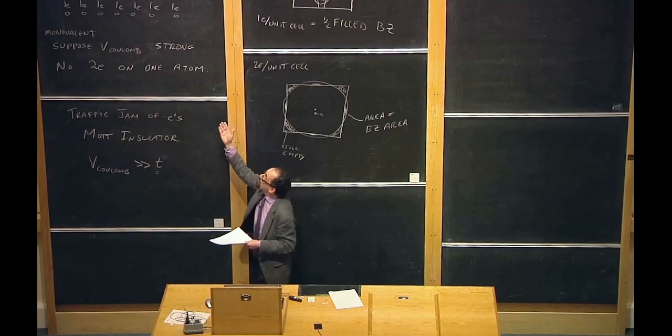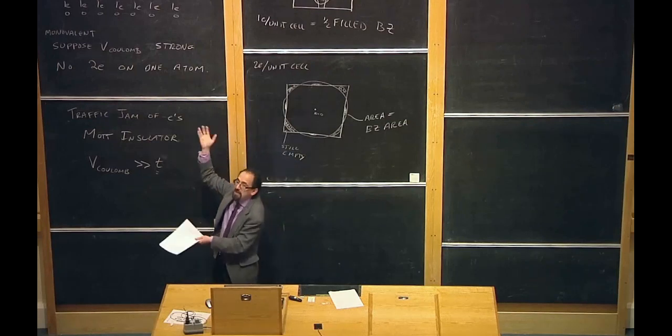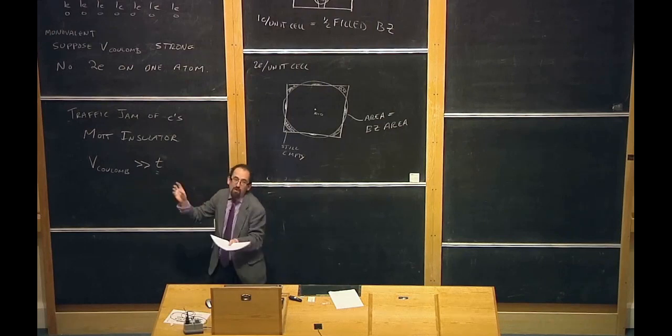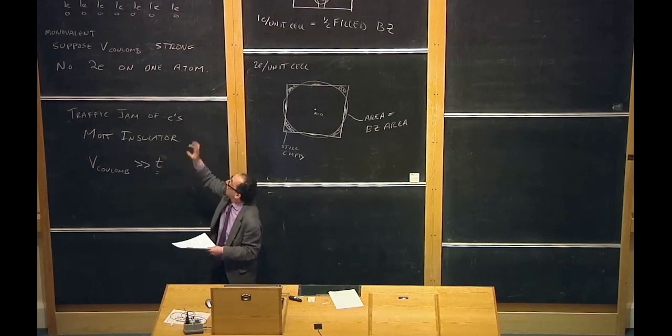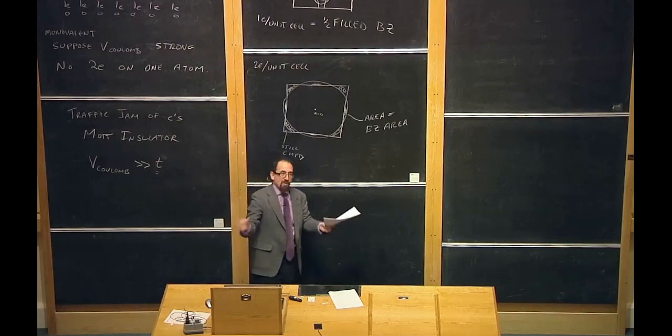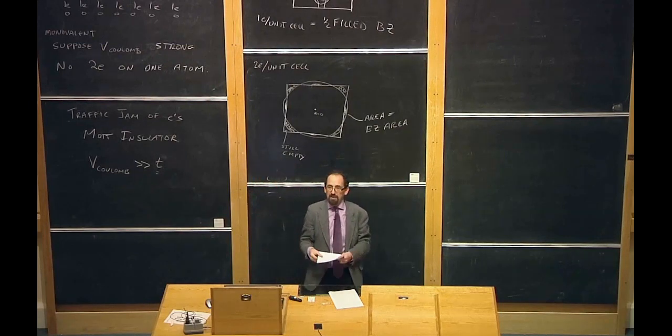In which case, it will set up one of these. It's a very classical picture of just 1 electron sitting on each site, and no quantum mechanics has to be considered at all. It's just 1 electron on each site, and it's an insulator because no one can move, because no one wants to sit on the neighboring site because there's already an electron there.